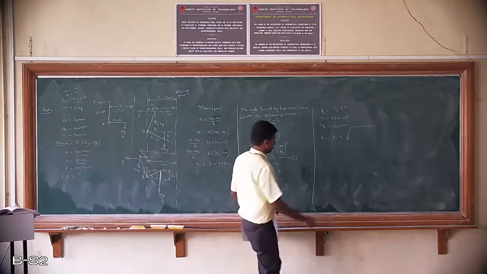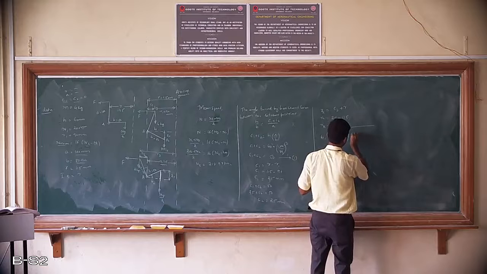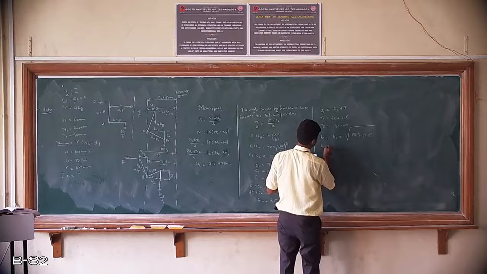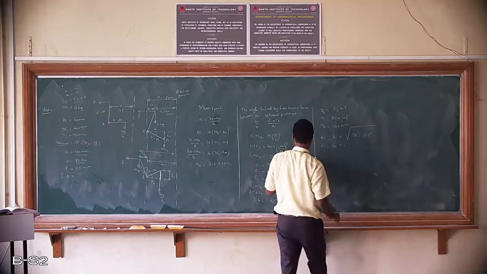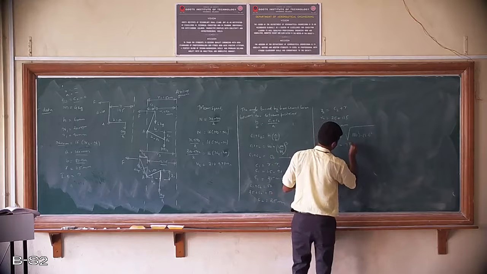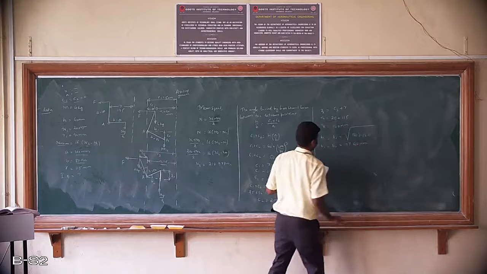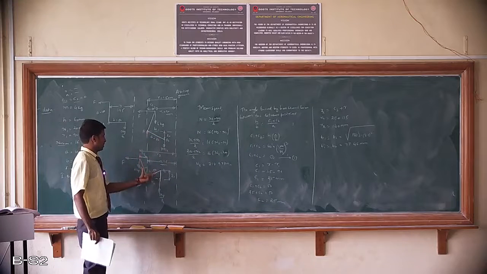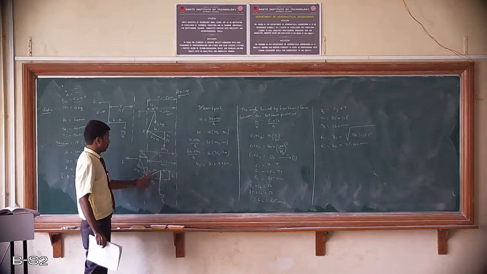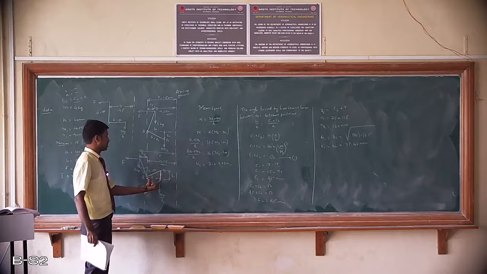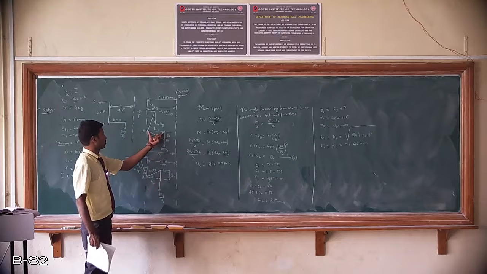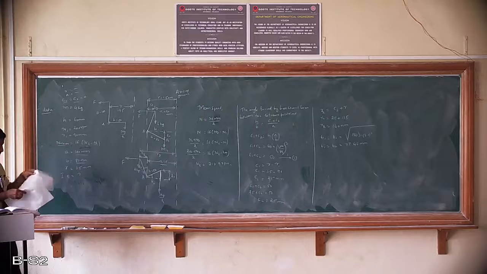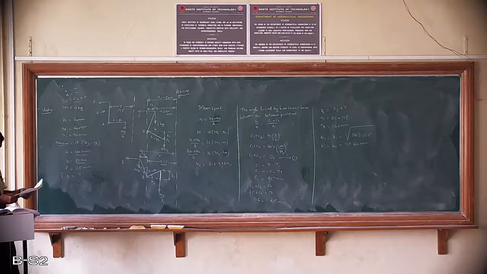So square root of 80 square minus 20 square gives us the value of B1 and B2, which is 77.46 mm. Simple one, using the Pythagoras theorem you can find out. This is your B1, this is your B2. So this minus this gives us this, and this minus this gives us this. Similarly you need to find out the values for A1 and A2 also.